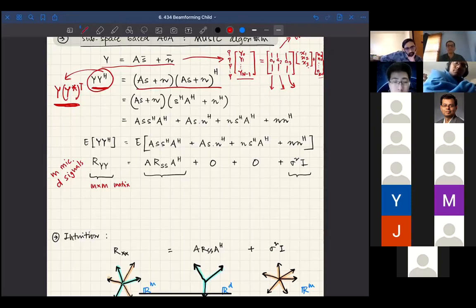It's an M cross M matrix. The rank of this matrix is M. Okay. Very good. What dimension is this matrix?